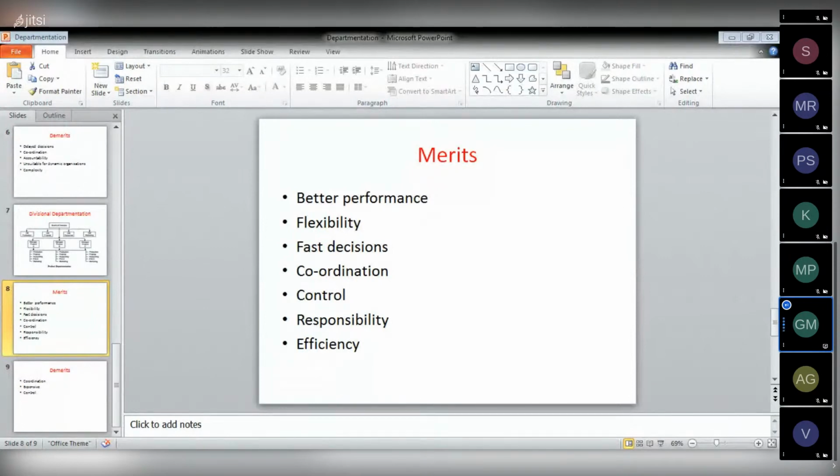Based on geography, we can create departmentation. So we have different kinds of departmentation, but it depends overall on the type of the organization and its structure.